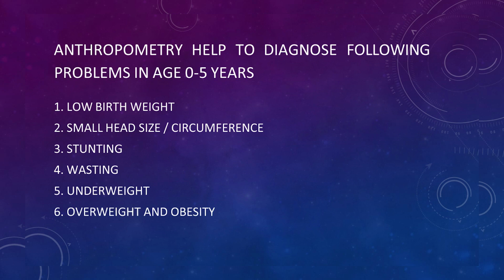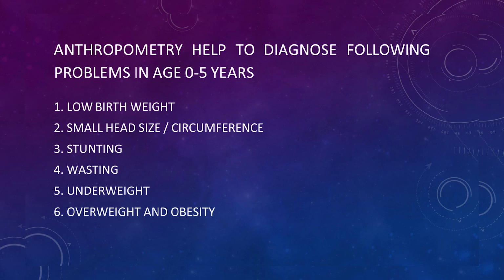Anthropometry helps to diagnose the following problems in the age group 0 to 5 years. The low birth weight, then small head size, or large head. If the head size is smaller, that is called microcephaly. If the head size is larger, that is called macrocephaly. So by doing the head circumference measurement, we can diagnose the child having microcephaly or macrocephaly.